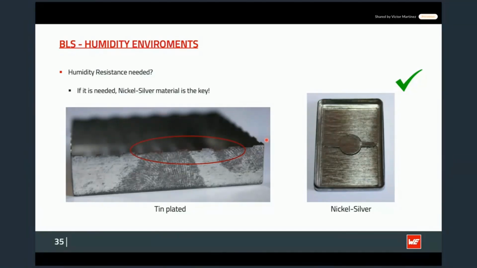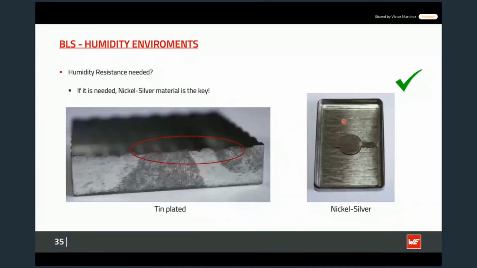But anyway, let's say that you need it for the end customer. Then the material can be changed from tin-plated steel to nickel silver, which has a higher resistance against corrosion.